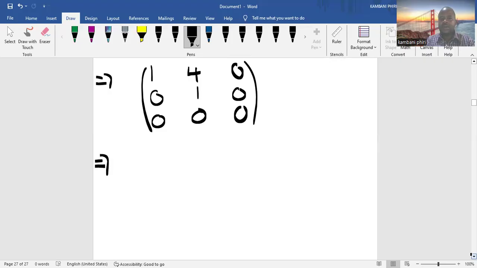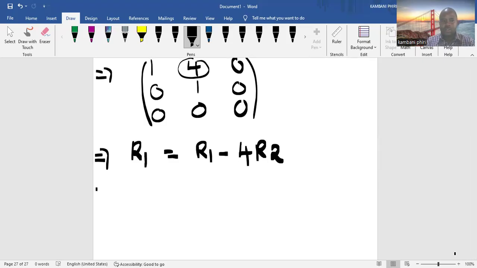Then we want this to be 0 as well. So we'll say row 1 is equal to, maybe we say row 1 itself minus 4 row 2. Okay. So what do we get? We have 1. When you say 1 minus 0, you have 1.